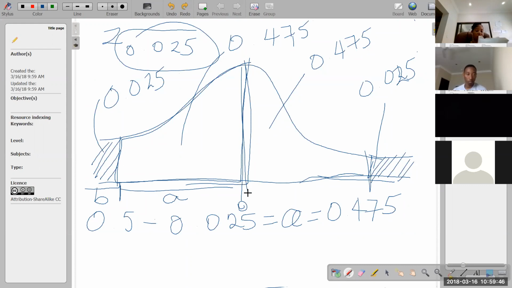So you go look for that 0.475 from the chunk area of all these figures you're looking at. If you look at it, you find out that 0.475 is where 1.9 intersects with 0.06.